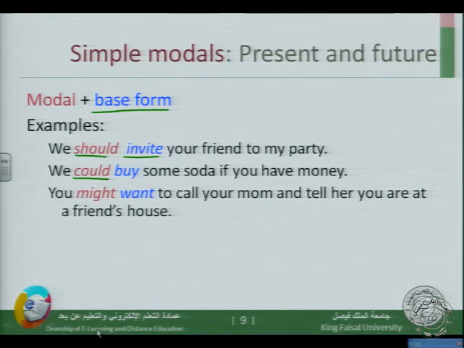Notice, this modal is talking about possibility and ability. The verb after the modal is in simple form, base form. The third one, you might want to call your mom and tell her you are at a friend's home. You might. You're talking about probability. Want is in base form. This is what we call simple modals.